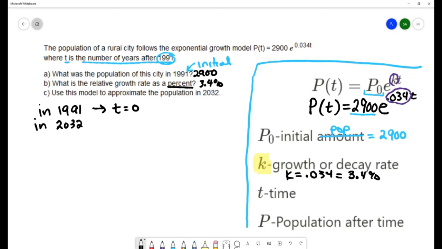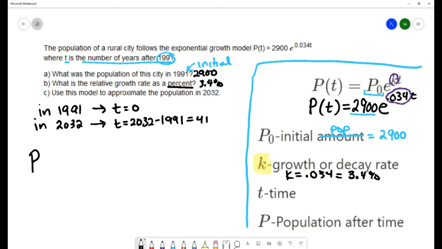So our time is going to be the number of years after 1991. So we're going to do 2032 minus 1991 to figure out how many years after 1991 it is. So 2032 minus 1991 is 41 years later. So that's our moment in time, 41 years later.